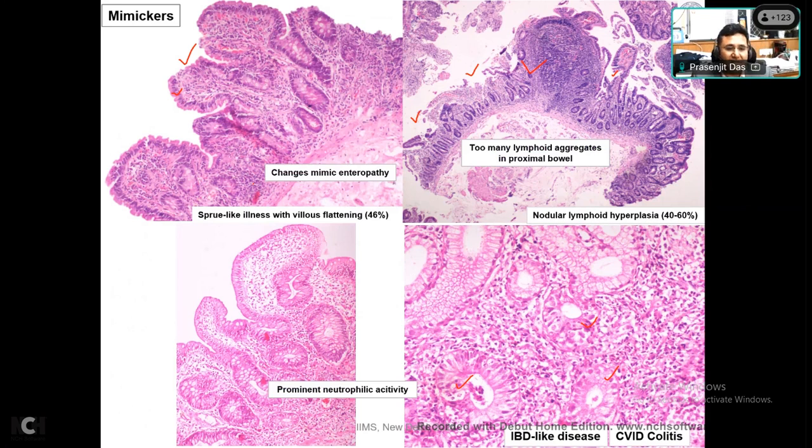So crypt to villus ratio, this is the only small bowel picture I have, so I'll take help of this. First, you have to see if the biopsy fragment is oriented or not. For orientation, you have to identify the muscularis mucosa, and like I showed you test tubes in a row in the colon, that theory you also apply in the small bowel.